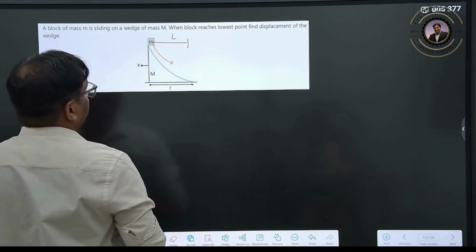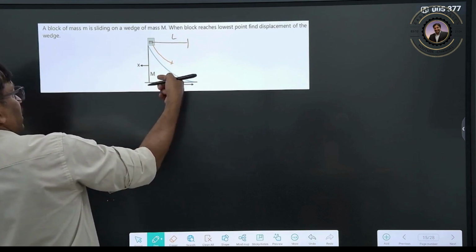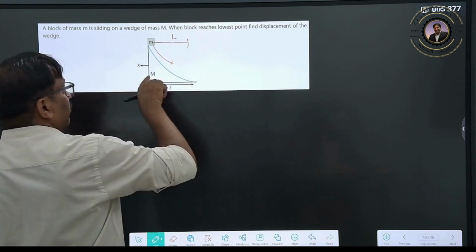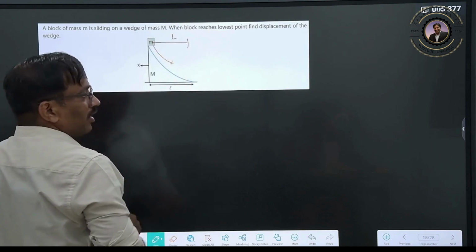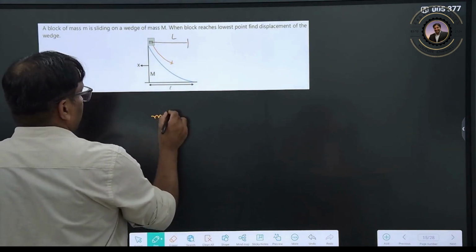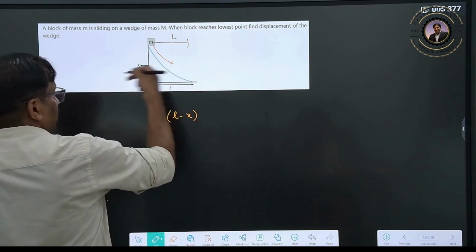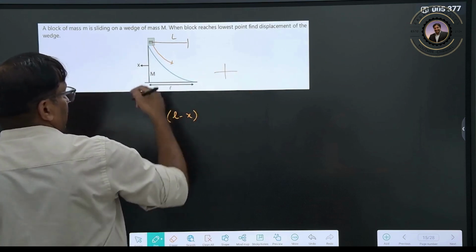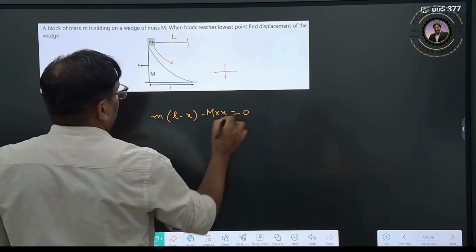Right? Now you can write it now. So this wedge will go back while this block comes down here. This wedge, what will happen now? It will go back. Will this block travel this much distance? No, it will travel how much distance now? m into L minus x, no? So this will go back, therefore here you can write this side positive, this side negative. So minus capital M into x, it will be equal to 0.